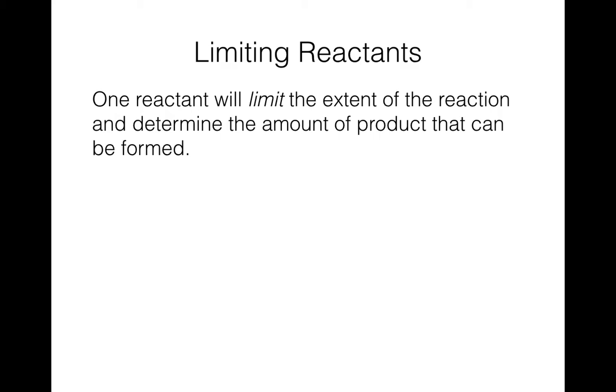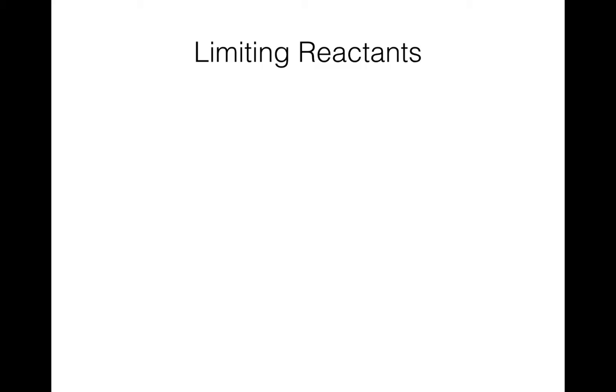Kind of like we talked about in the percent yield video. But one of them will pretty much determine the amount of product that you can make. That's the whole idea with limiting reactants. And you will be asked to figure out which reactant is limiting based on some calculations, right? And this video, like I said, is very silly, and it will make the idea much more clear.